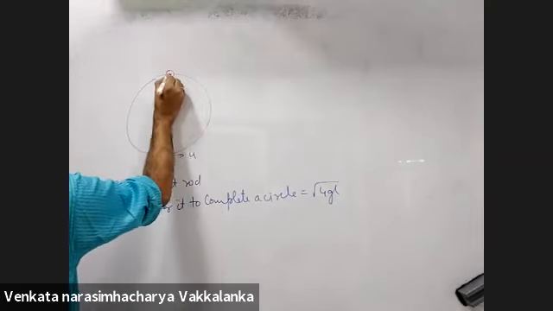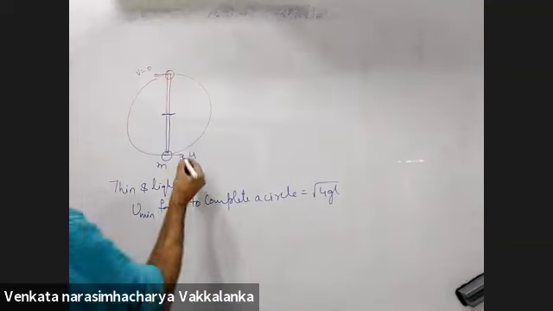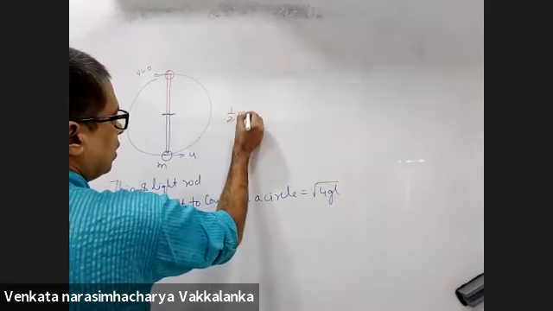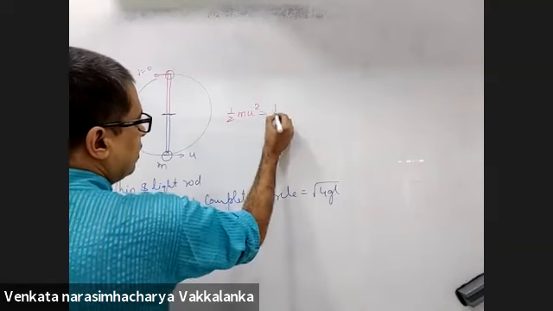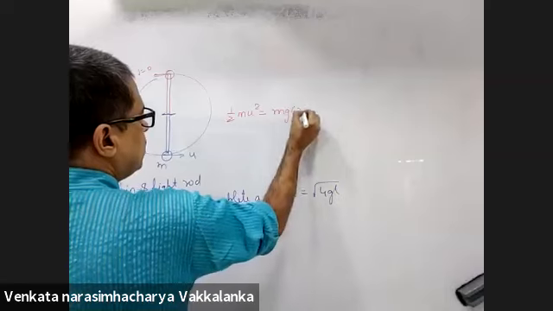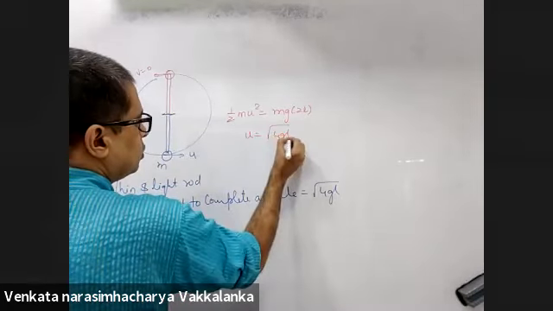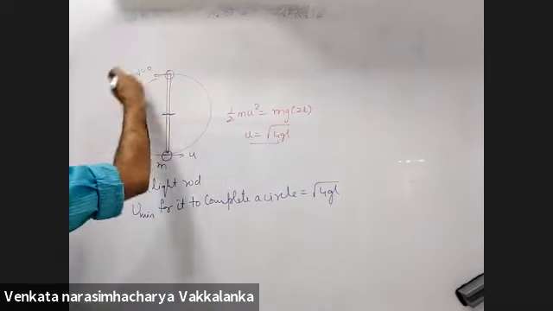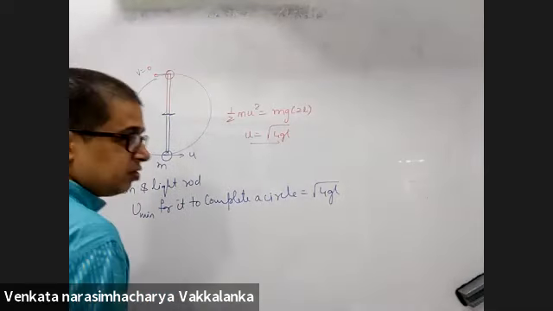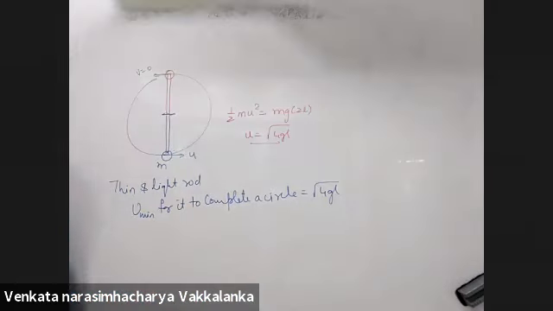It should reach the topmost point, and velocity should become zero there. So half mu square should be sufficient for it to rise to a height of mg into 2L. U will be under root 4gl. If u is greater than under root 4gl, it will complete a circle.